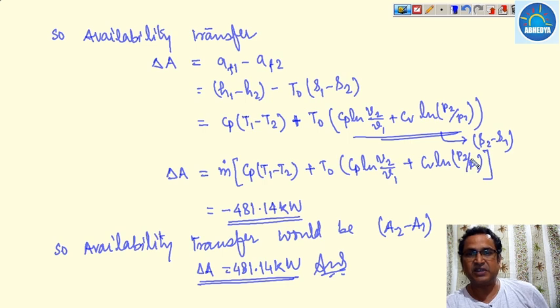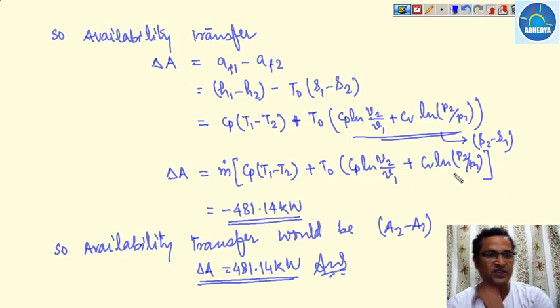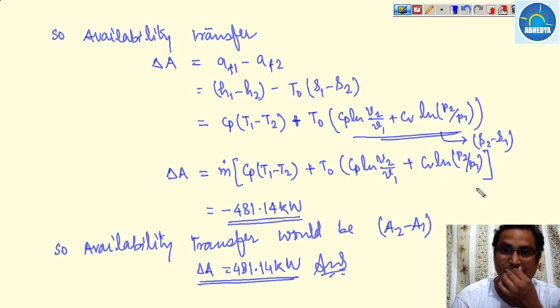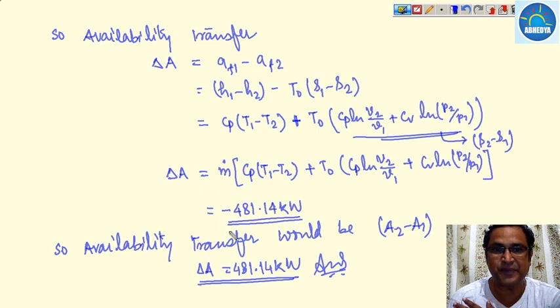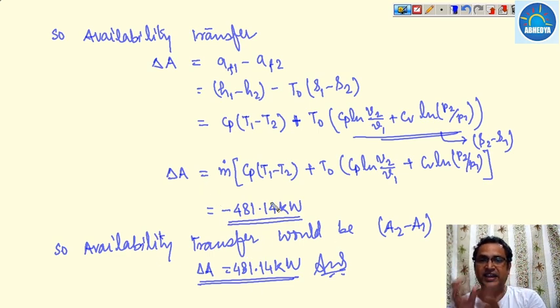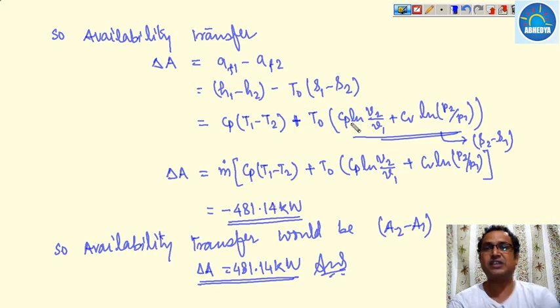So irreversibility is nothing but this part, because it is T0 (S2 minus S1). So T0 (S2 minus S1) will be the irreversibility, or we can say this is the availability with the air, and what is the actual work that has been done.